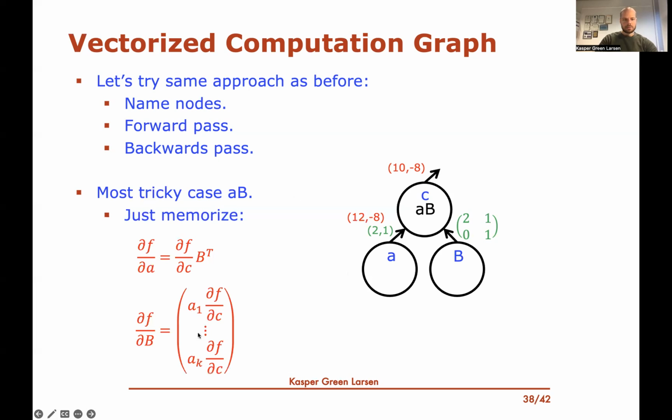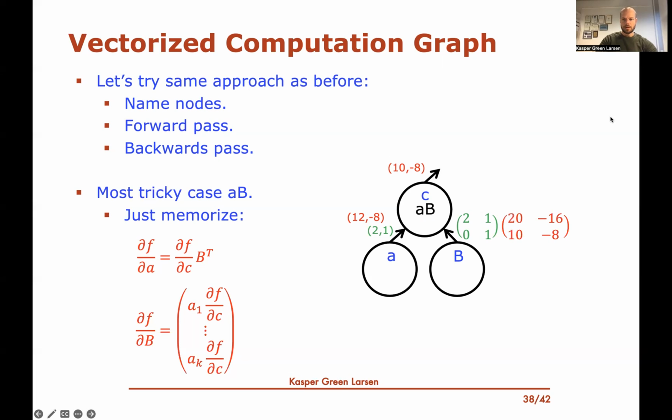Now, if you want to do the partial derivative of f with respect to the b matrix down here, the rule to remember is that you should take what you have up here in the C node, and so this is a vector, and then you should place copies of it, stack them on top of each other in the matrix, and you should multiply each copy by each of the values in A. So you basically take A1 and multiply with this gradient and place it first, then you take A2 and multiply with this row vector and place it second.